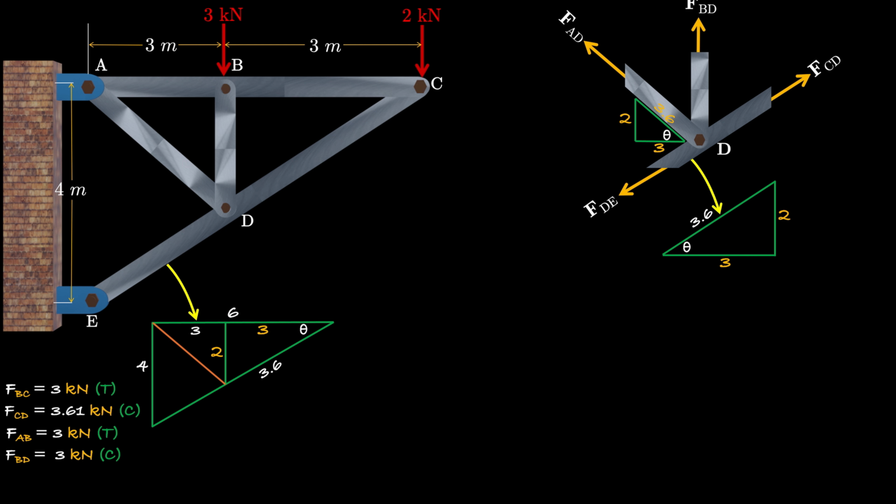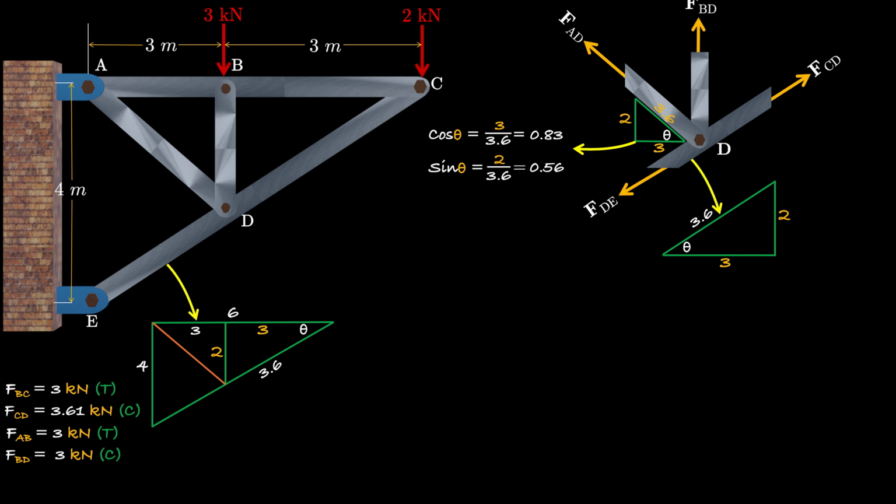And the value of sin theta is going to be opposite over hypotenuse, which is 2 over 3.6. It's just the same for all triangles. We only have to simplify those values, and cos theta is going to be 0.83 and sin theta is going to be 0.56.